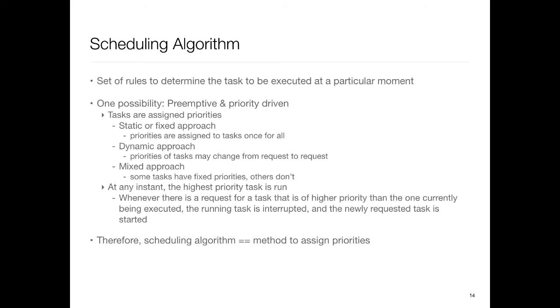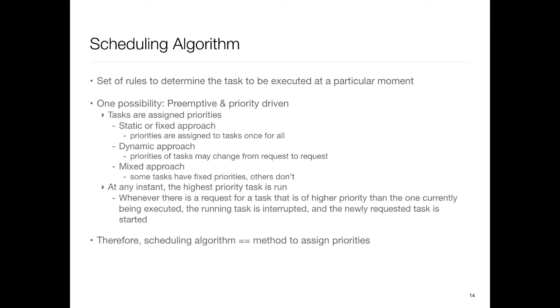The particular one we are going to look at, though, is called preemptive and priority driven. Preemptive means that if a task is currently running, but some event happens, like a timer event or an external event, or maybe the currently running task did an event, then the OS may decide to bump off the currently running task, even though it's willing to run more, and bring in some other task. So it's preemptive.